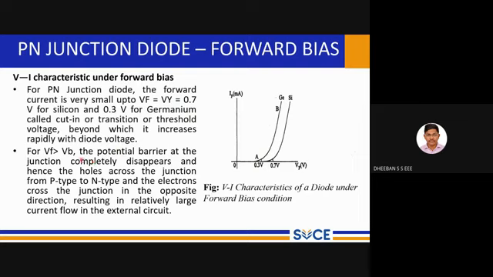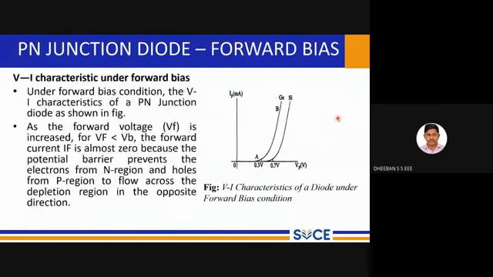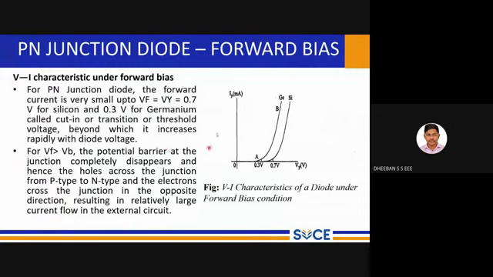If VF is greater than VB, then the potential barrier at the junction completely disappears. As I have already said, if it is greater, the depletion layer will slowly minimize and completely disappear, and hence electrons cross the junction, resulting in current flow. Then the forward current increases drastically.